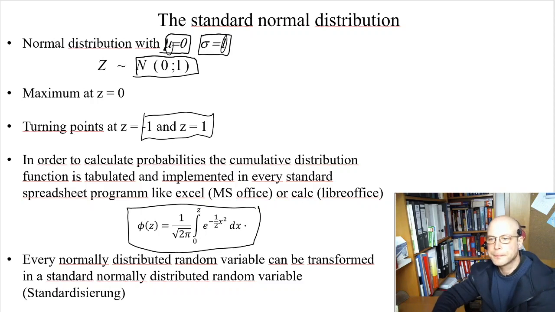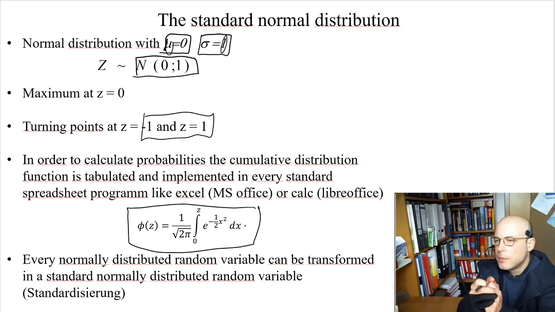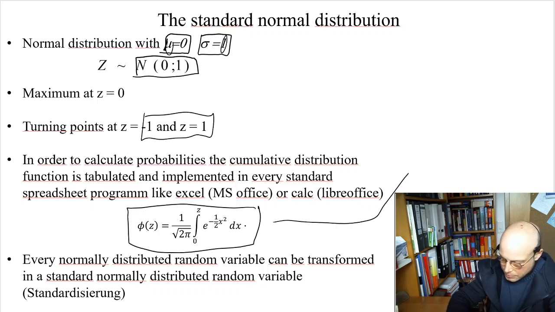And this function is really important in statistics because quite often, if we have a general normal distribution, we will transform our random variable to end up with a variable which is just standard normal distributed.